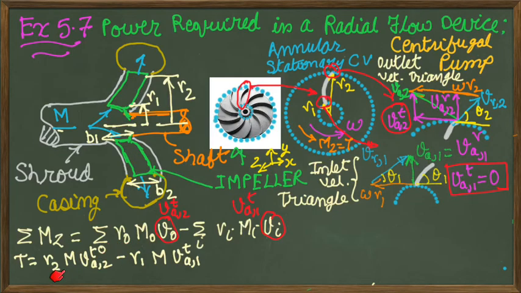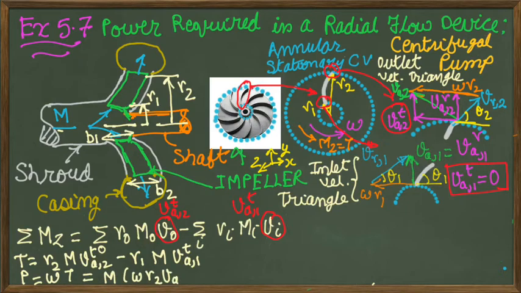Mass flow rate m is the same at the inlet and outlet, and at the outlet we consider the tangential component of the absolute velocity: R2 Va2t minus R1 Va1t. These are the tangential velocities.